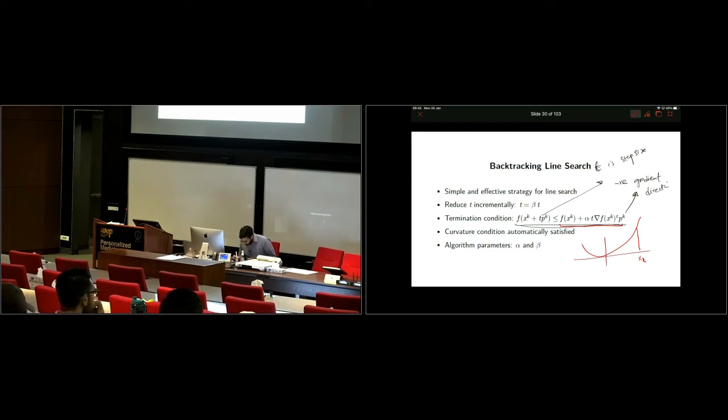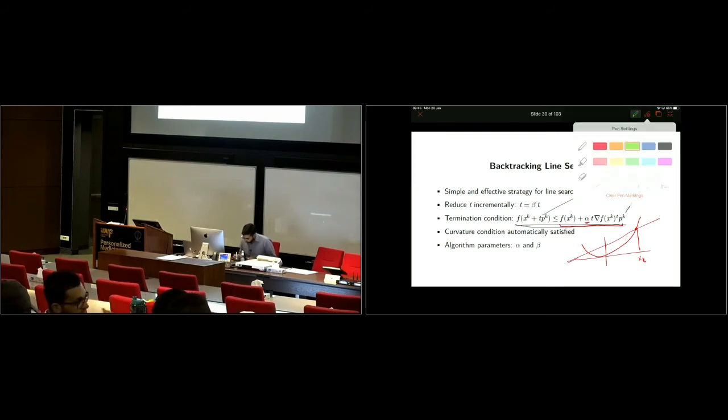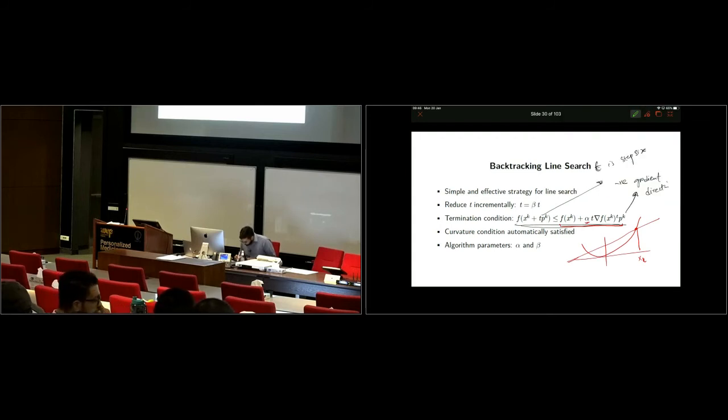And since alpha is less than 1, it would look something like this. And what this is saying is that all these points are valid to take a step into. You can go anywhere here. You cannot go above this line.